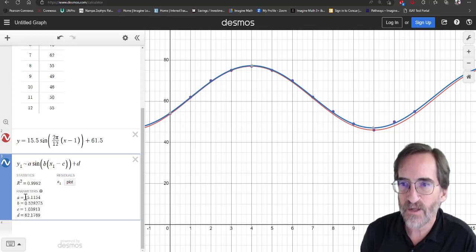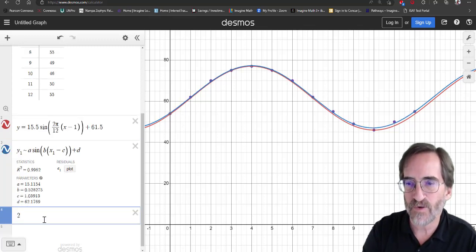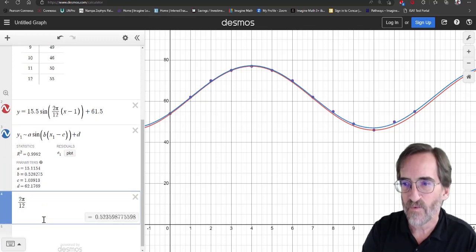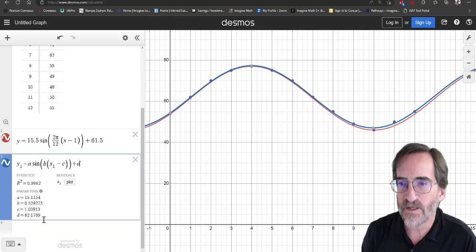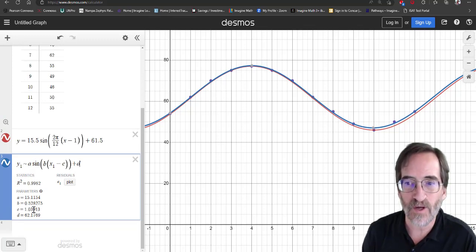But it's saying the A value is 15.1, not 15.5. The B value is 0.528. Mine was 2 pi over 12, which is 0.5235. So they're very similar. The C is 1.03, so the right shift is 1.03, not just 1.